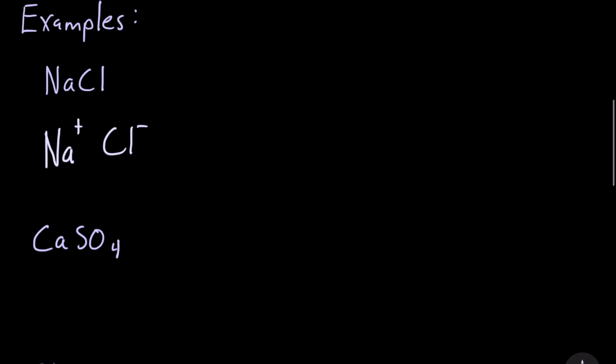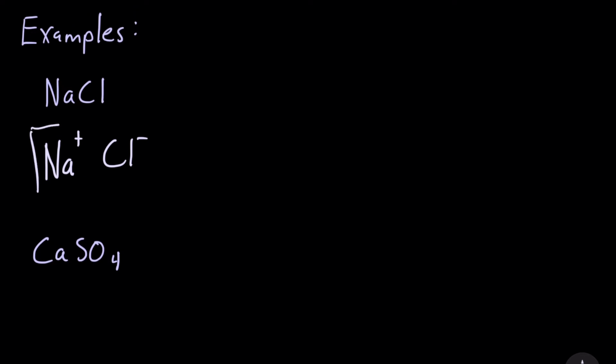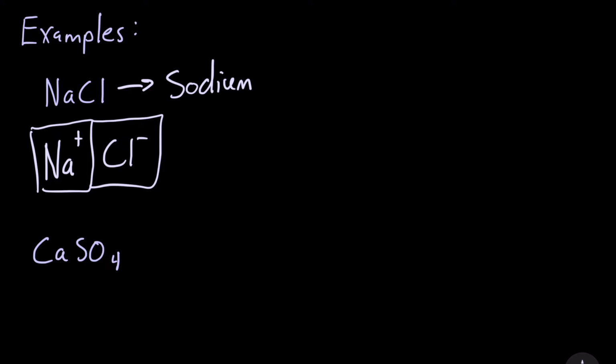So let's finish up this. We have sodium or Na+, and we have chloride or Cl-. So the name of NaCl is sodium chloride. I'll write that down. Sodium chloride. Perfect. First example is done.